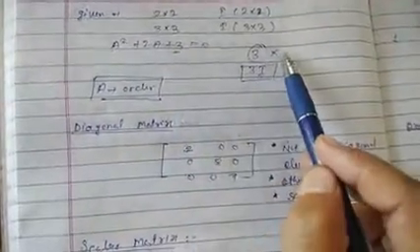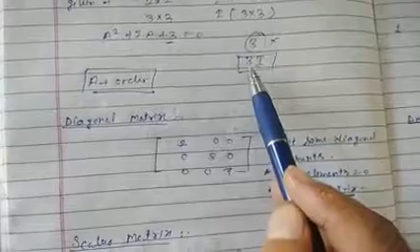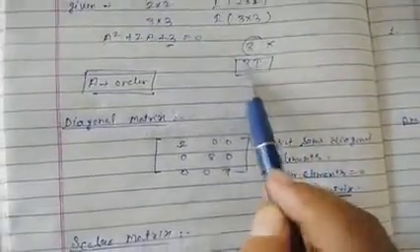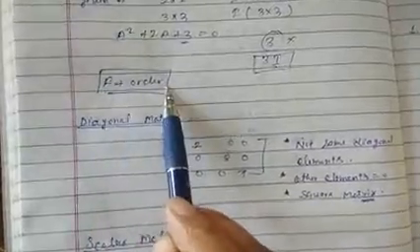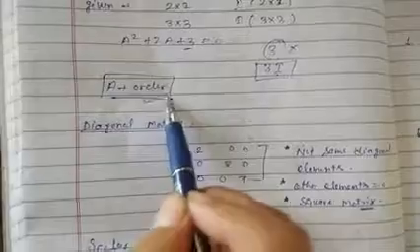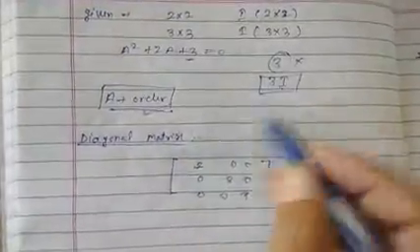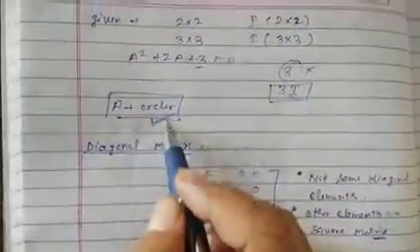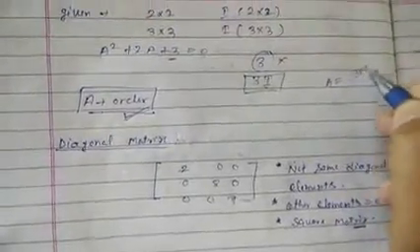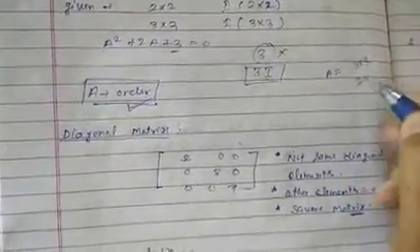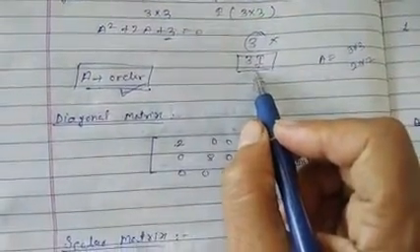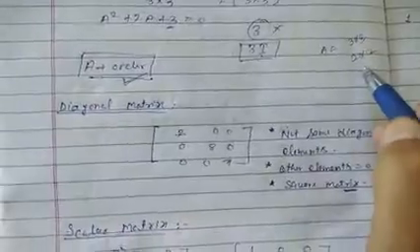Here 3 is not alone; 3 means 3I. The order depends on the condition. Suppose A's order is 3 by 3, then I also has order 3 by 3, otherwise 2 by 2.